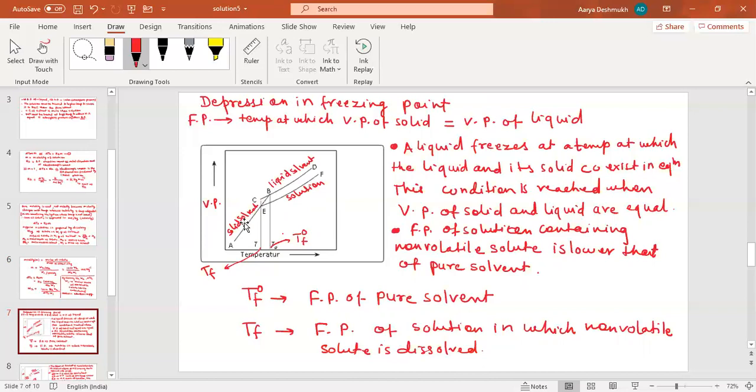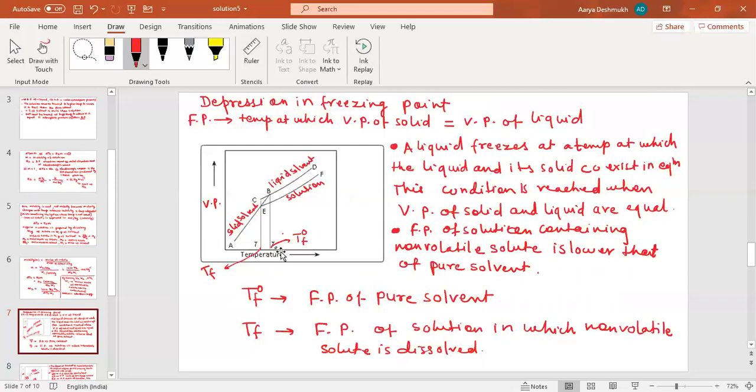This is the solvent in pure form in solid state. Means at this particular point B, it will freeze. And EF is the curve for the solution here. Now the freezing point of a solution containing non-volatile solute is lower than that of the pure solvent. Now look at this graph. This T0F is the freezing point of pure solvent.